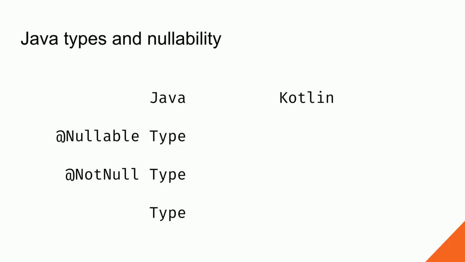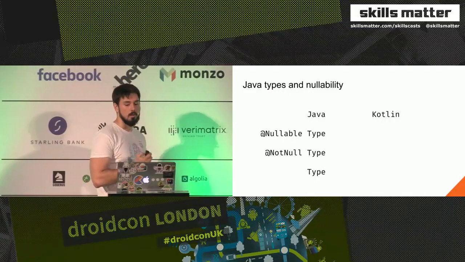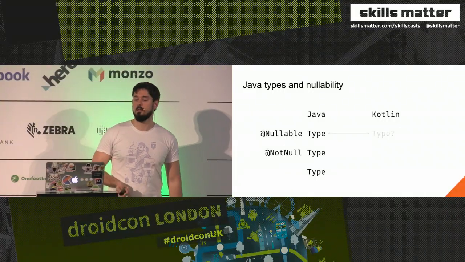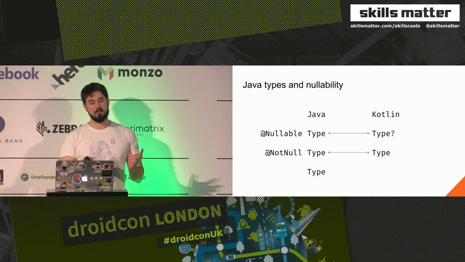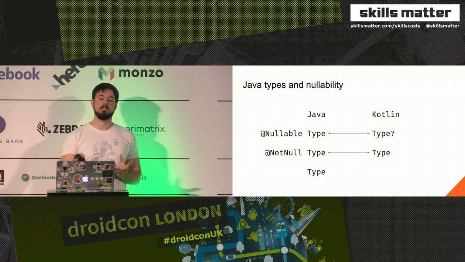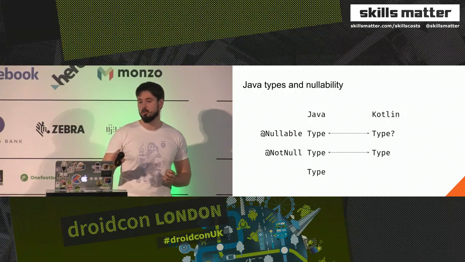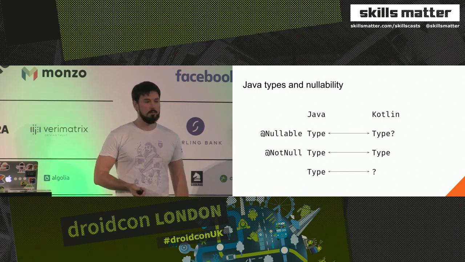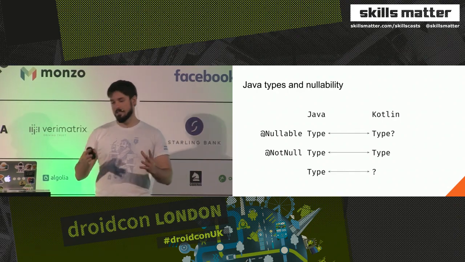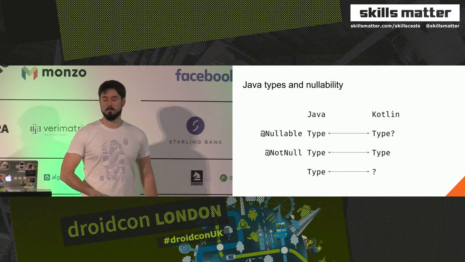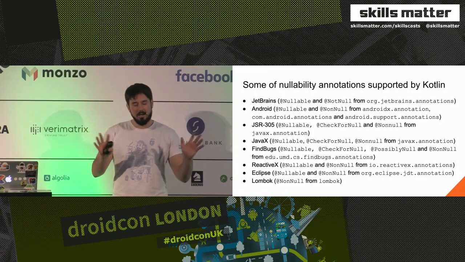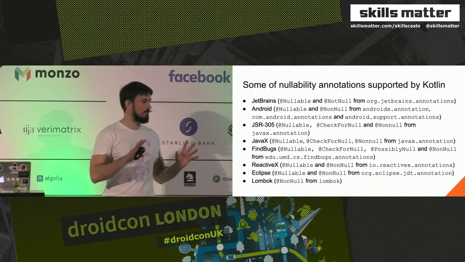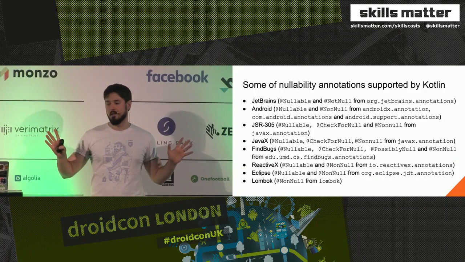But one problem is when we are interoperating with Java. When we have something that is annotated as nullable or not null, we trust it is correct, and we use correct nullable or not null type. But the problem is when Java is not expressing if something is nullable or not. We do not like this situation, and we like to prevent it using a variety of different annotations.